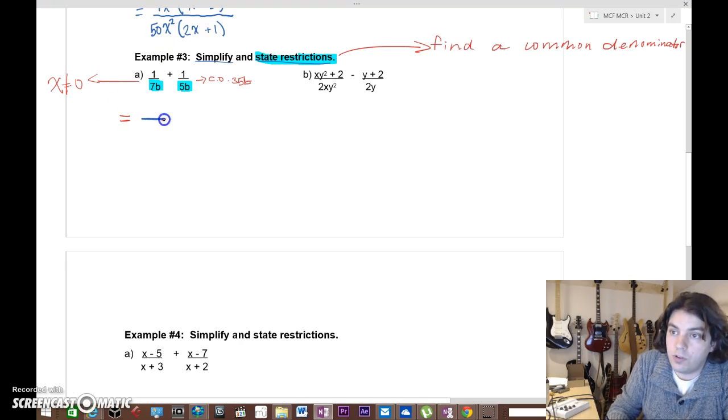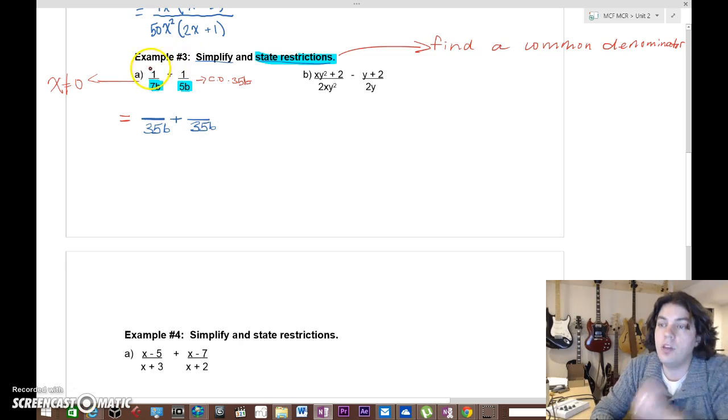So the first fraction here I'm going to put over 35b, and the second fraction here I'm also going to put over 35b. And the question just becomes, what do we have to multiply this by? Well, to get a denominator of 35b, I have to multiply the bottom by 5, and so I must multiply the top by 5.